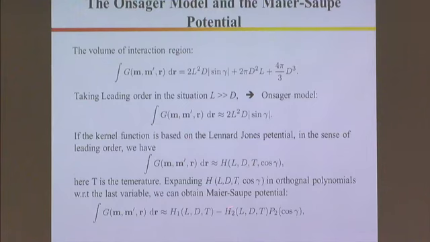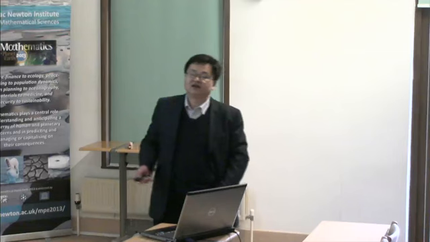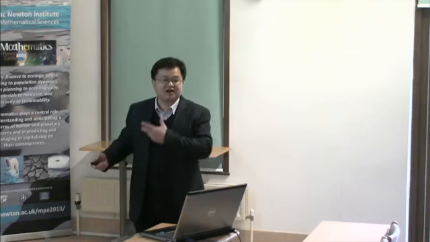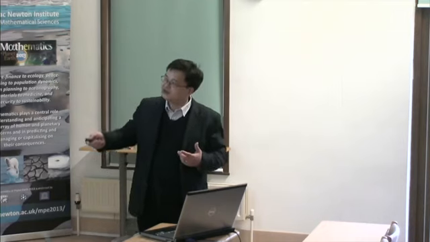This is constant and not important for the nematic phase. But the next order is this term. This term is exactly the Maier-Saupe potential. Actually, Maier-Saupe only considered attraction; they didn't have the repulsion. Here we also have repulsion. But from this way, mathematically, we can say what the Maier-Saupe is.